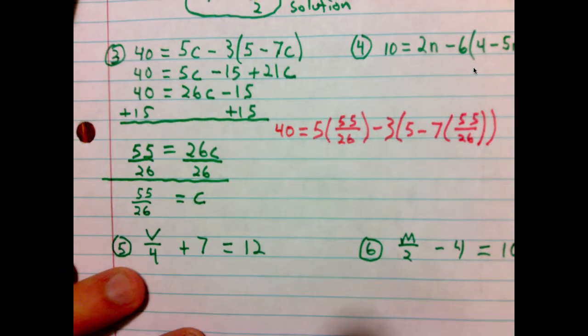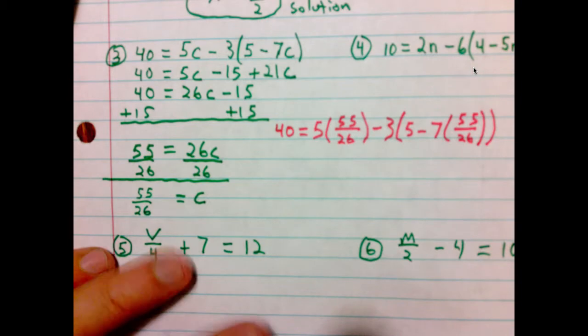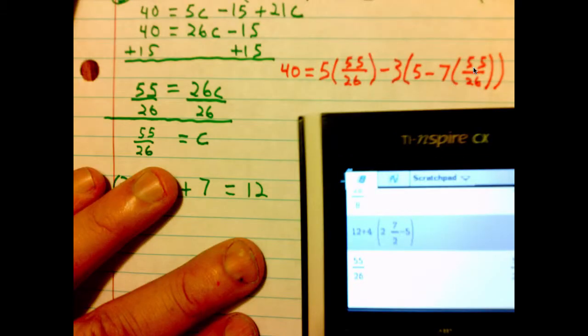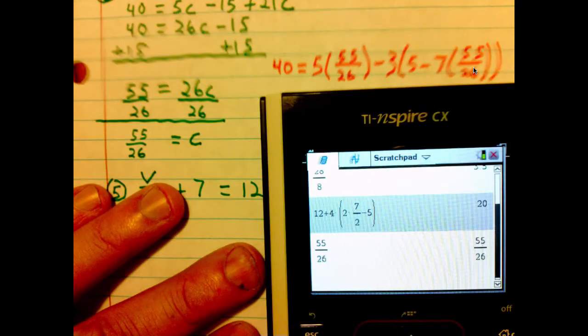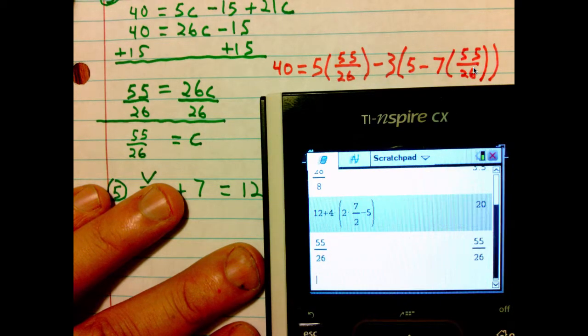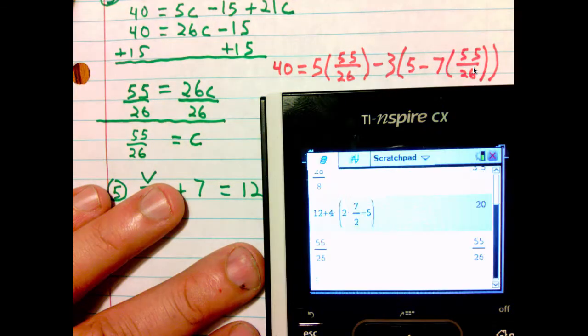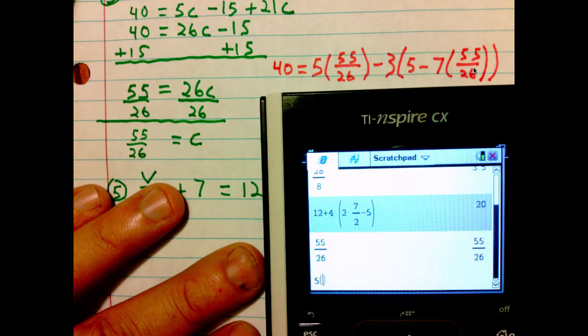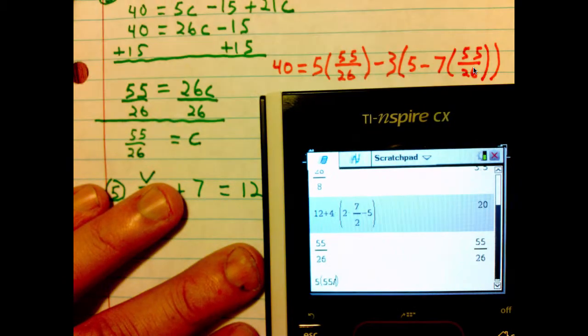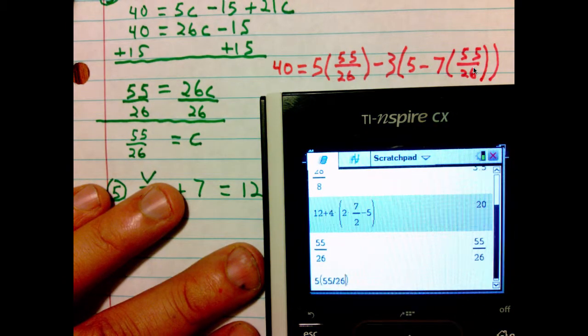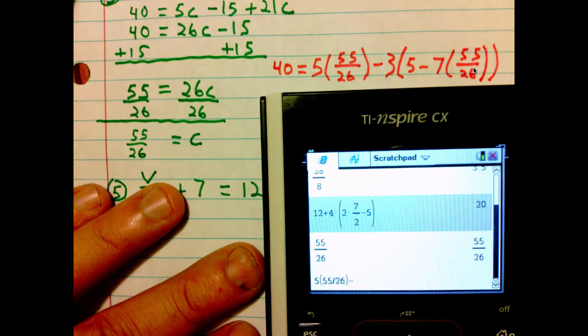All right, using the calculator, I will evaluate this expression. Five, open, 55 divided by 26, close, minus 3, open, 5 minus 7, open again, 55 divided by 26, close, close.